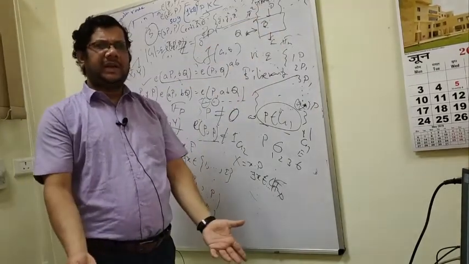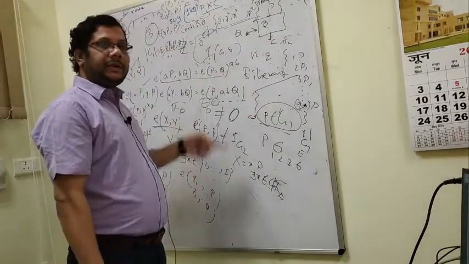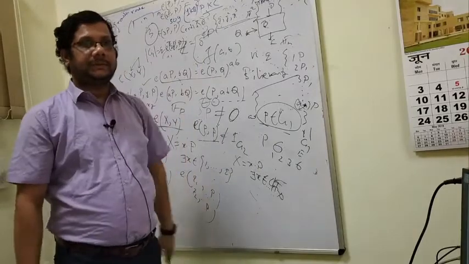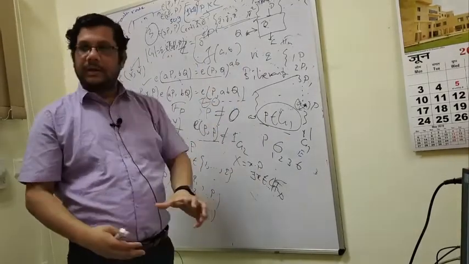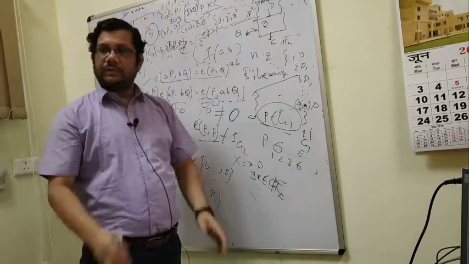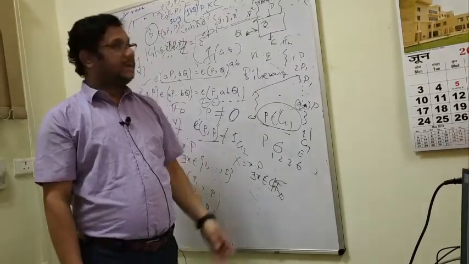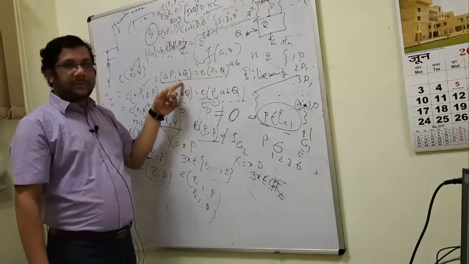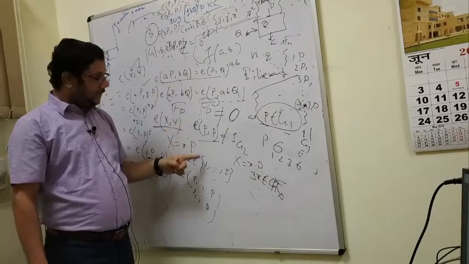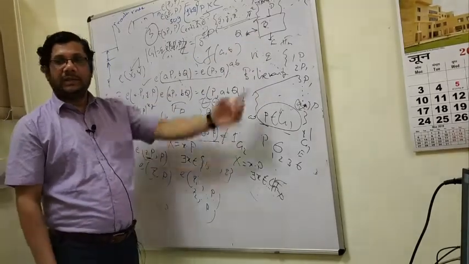You need to understand these abstract properties in order to apply this in your research, to develop security algorithms or protocols. These are the three properties: bilinearity, which is this property, non-degeneracy, which is this one, and computability. This is easy to compute.